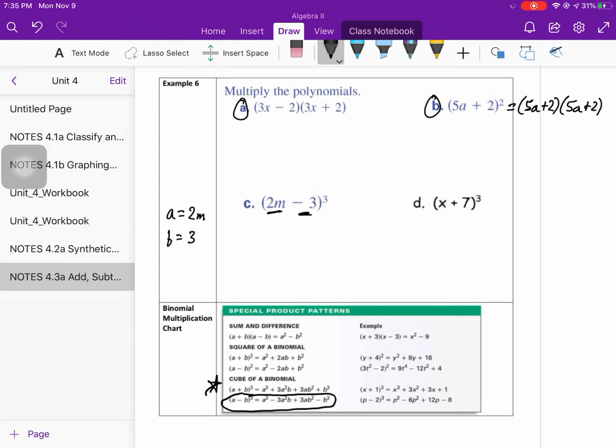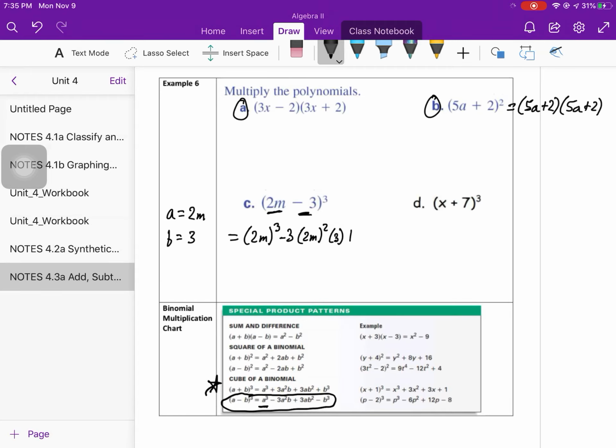So if we just follow this pattern, we know that this should equal A to the third power, which is going to be 2m to the third power, because I'm looking at this right here, minus 3 times a squared, so 2m squared, times b, which is 3.